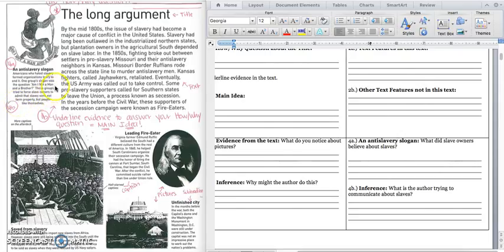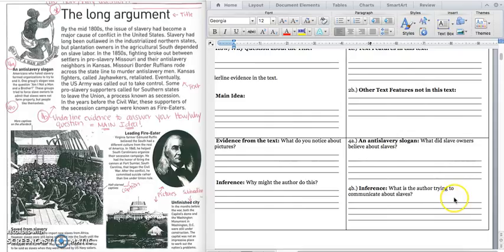After reading this, I know that if people try to get slave owners to admit that slaves were not farm property, but actually people, that means that the slave owners believed that slaves were farm property and that they were not actually people. Press pause to write down your answer for 4A and play when you are ready for 4B.